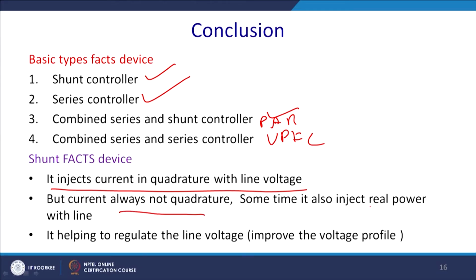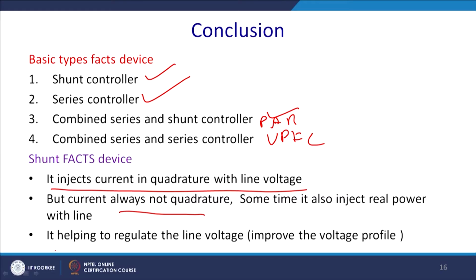So what does the shunt controller do alone? It injects current in quadrature with the line voltage. Since the current is not always in quadrature, sometimes it also injects real power into the line, mostly to meet the losses of the switches and the different parts of the circuits, and it helps to regulate the line voltage and improves the voltage profile.